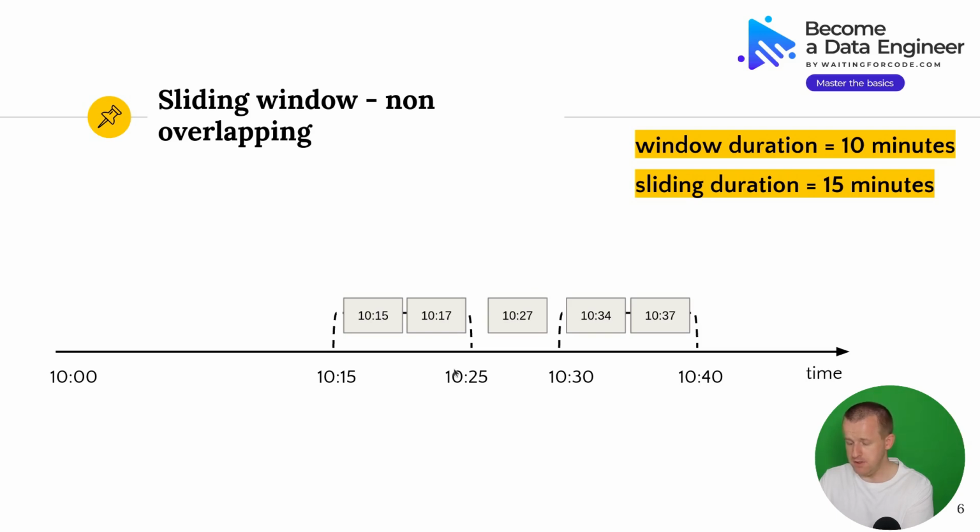So we miss the 5 minutes here, and we miss this particular record. Personally, I don't see any interesting use case for that kind of window. Maybe it's good to know that you might have this phenomenon if by mistake you misconfigure the sliding and window durations. But if you find one example, please ping me because I'm still looking for it.